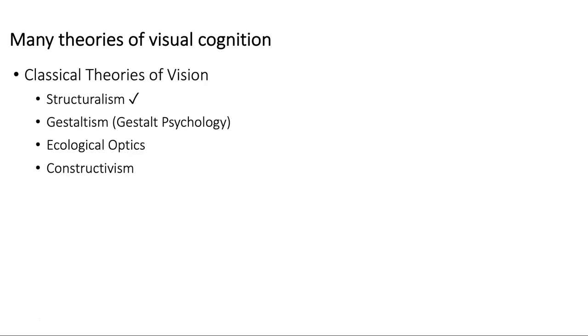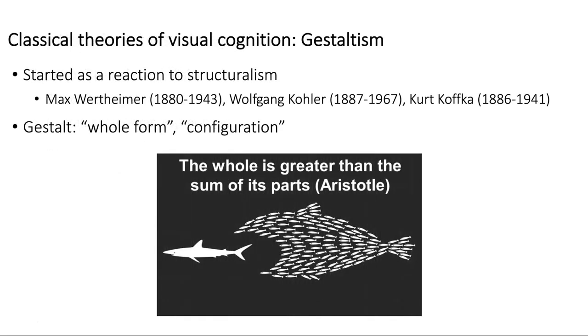At that time, the opposing framework got much stronger, which was called Gestaltism, and this was a reaction to structuralism. And the Gestalt pioneers were Max Wertheimer, Wolfgang Köhler, and Kurt Koffka.